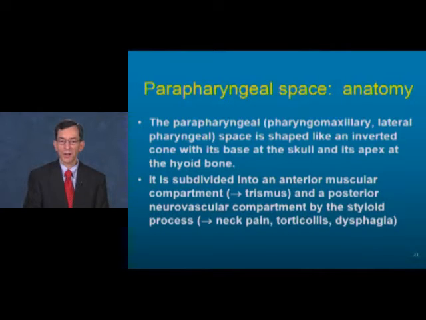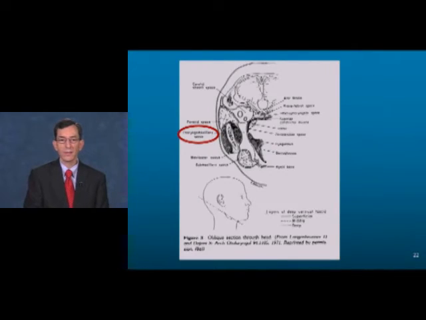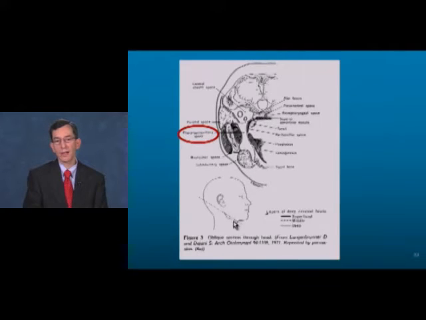And the posterior process is actually the one that we worry about because it's close to the neurovascular bundle of the internal jugular, the carotids, and so on. And so this little diagram demonstrates the cone would be kind of perched at an angle with its base here and its apex down at the hyoid.